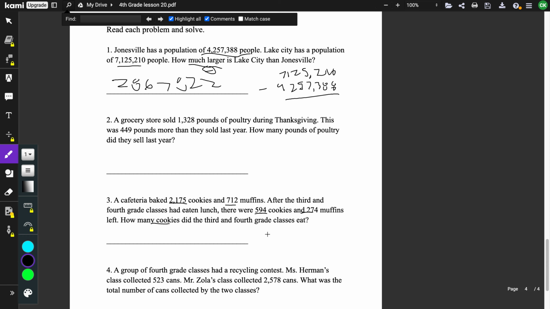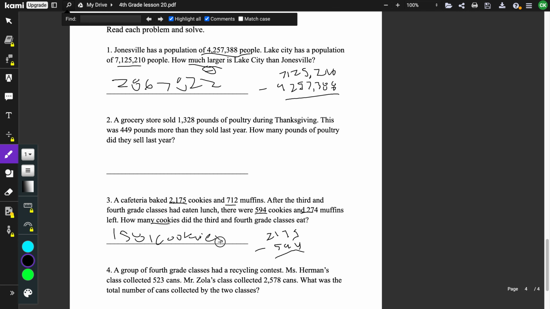So we're only going to do the cookies. 2,175 minus 594. Again, similar to number 1, you're just going to do the long subtraction. And then once you do that, you're going to get 1,581 cookies.